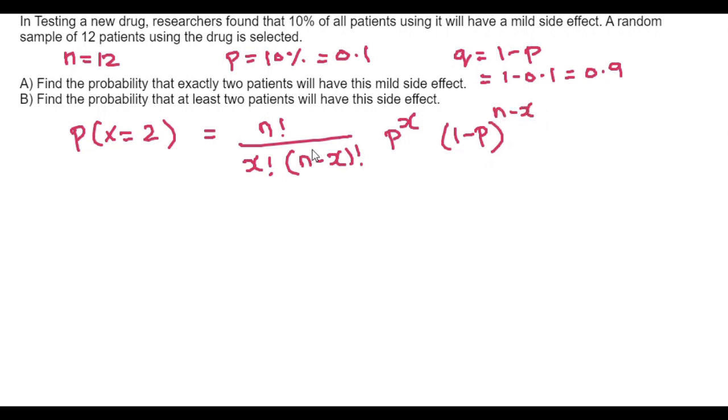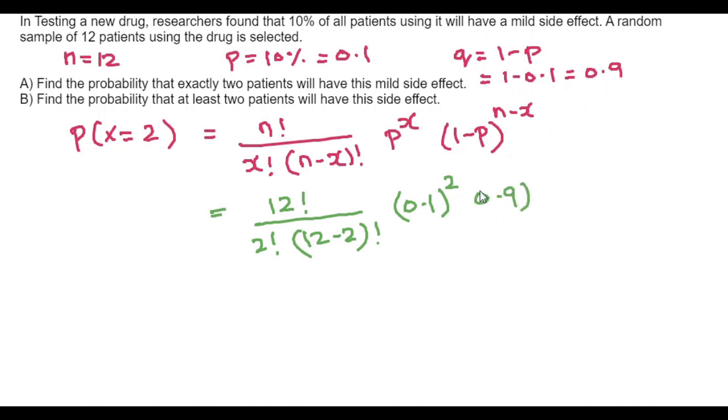Now we are going to put n equals 12 factorial divided by x is 2 factorial, 12 minus 2 factorial, p is 0.1 to the power x, which is 2, and 1 minus p is 0.9, so 0.9 to the power 12 minus 2.